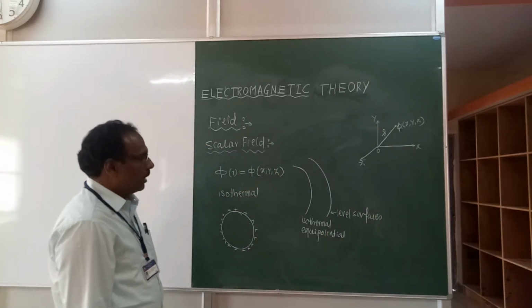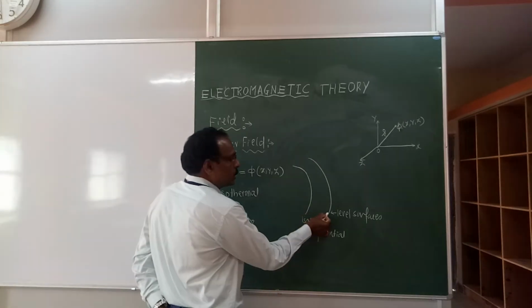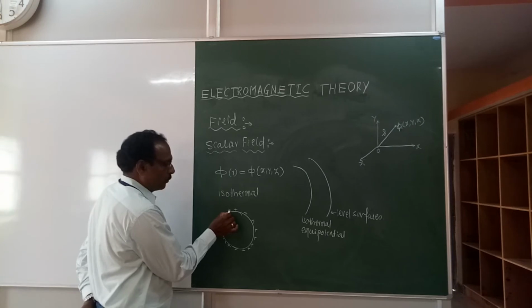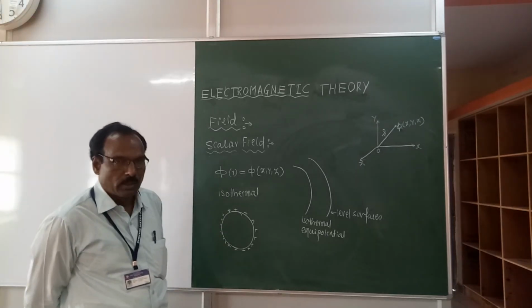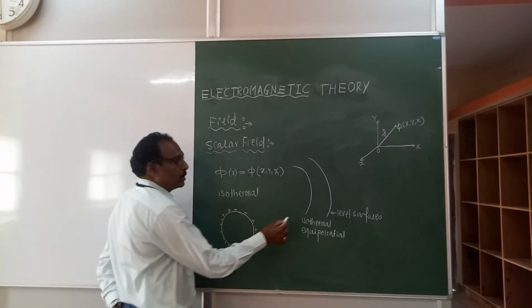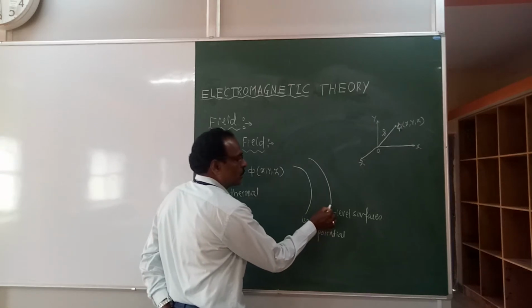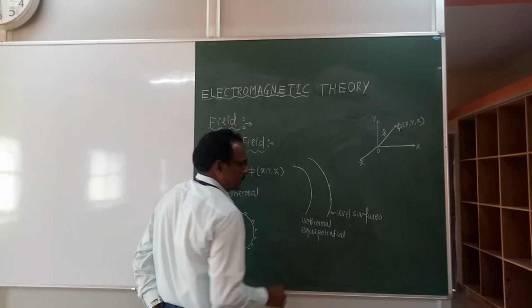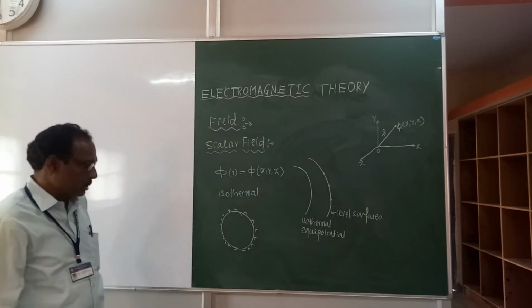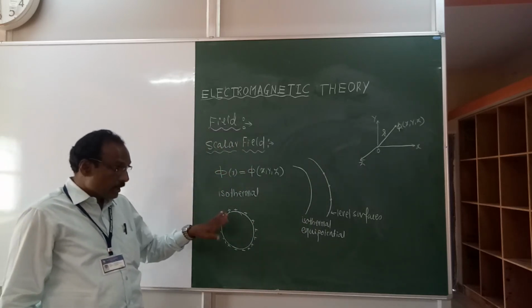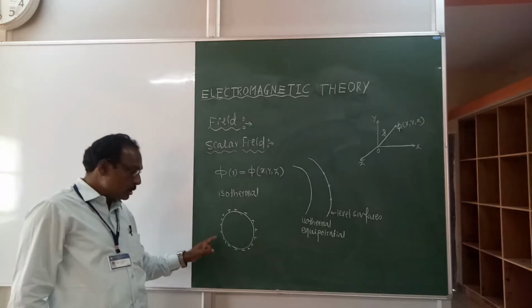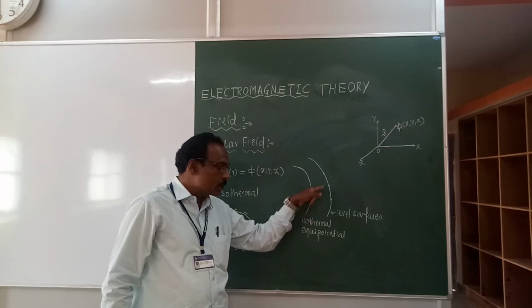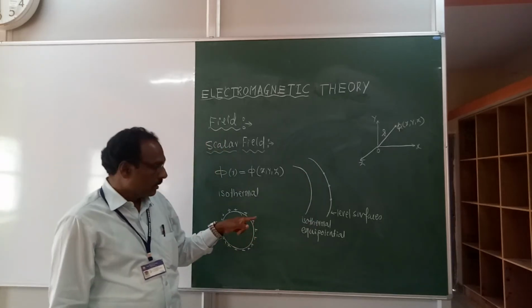Now, this surface has a constant value of its magnitude. The magnitude at a given point is constant, either at this point or this point. So the magnitude is constant and therefore we call it equipotential. Potential is uniform. Or isothermal, the temperature is uniform.